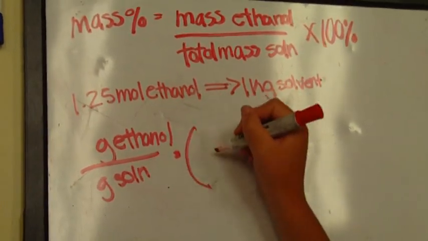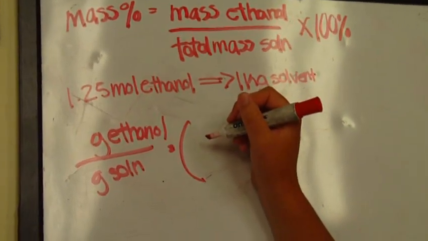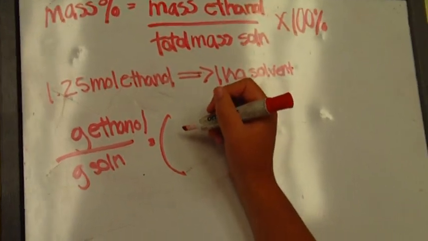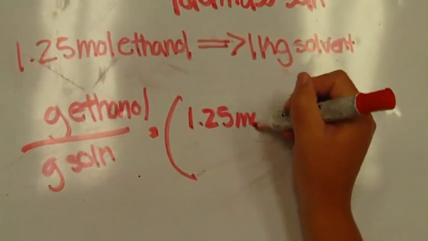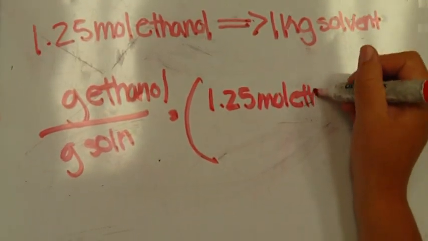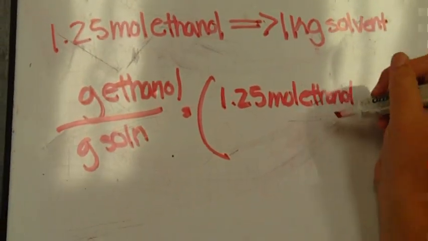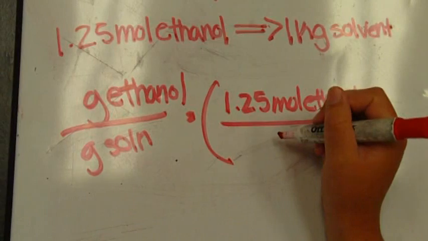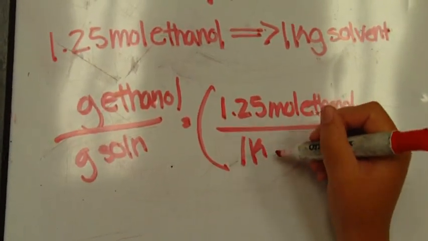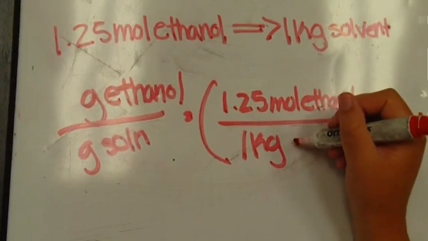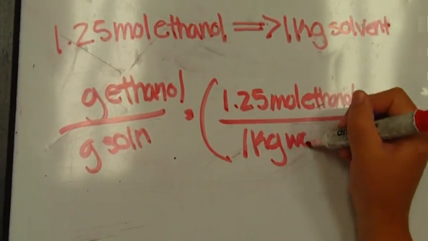So they give us 1.25 molality, which we're going to use to say 1.25 moles of ethanol, and we know that we will have 1 kilogram of solvent, which is water.